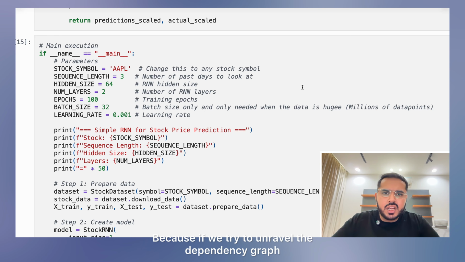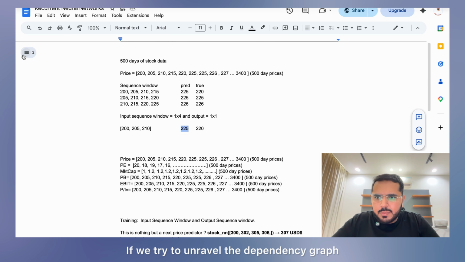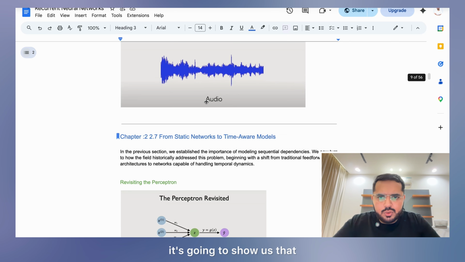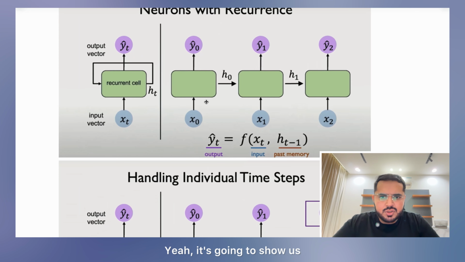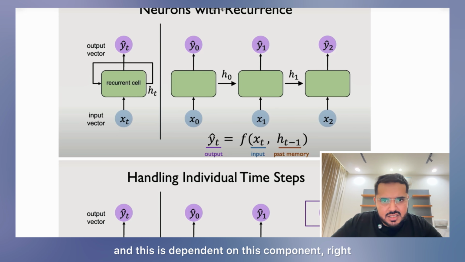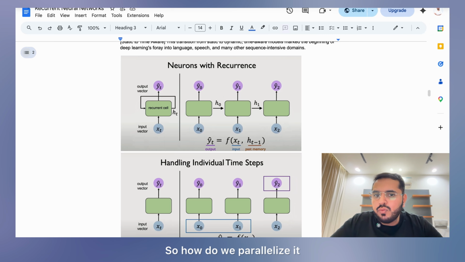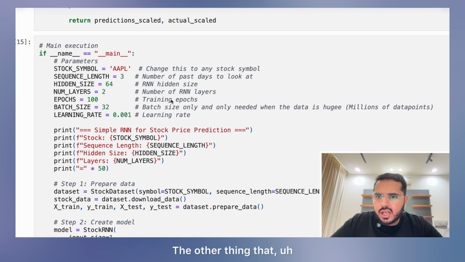If we try to unravel the dependency graph, it's going to show us that y hat 2 is dependent on this component and this is dependent on this component, right? So we have a tight sequential dependency. How do we parallelize it? The other thing that I want you to focus on is smaller sequence length.